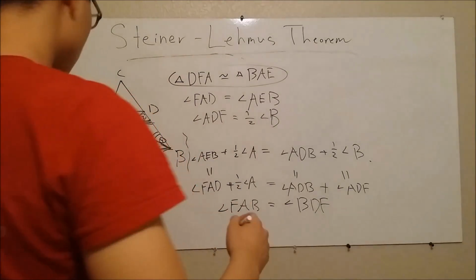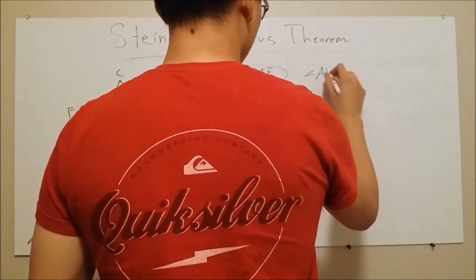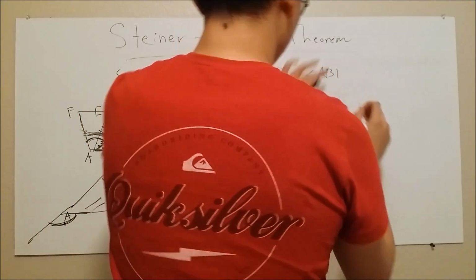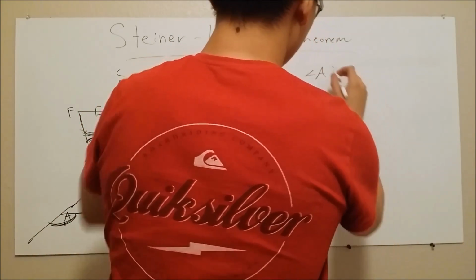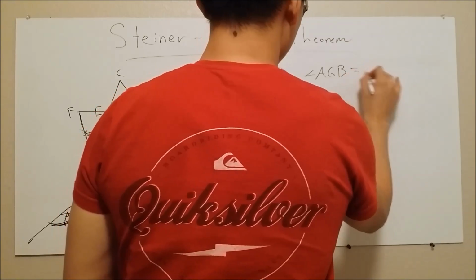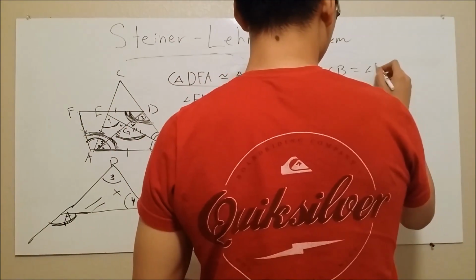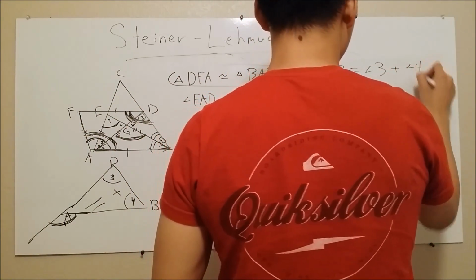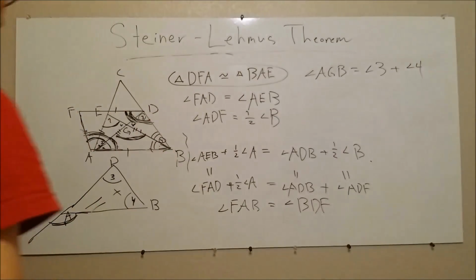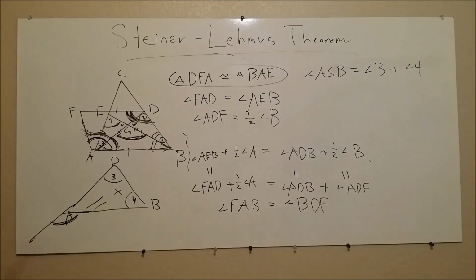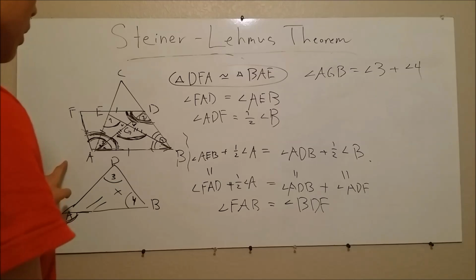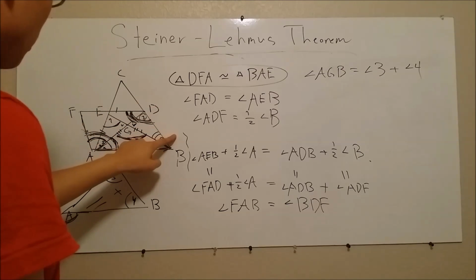So what I'm saying is angle AGB is equal to angle 3 plus angle 4. Alright? But what do we see here? Angle 3, when you write it out with letters, is angle ADB.